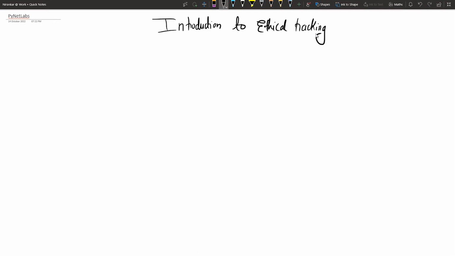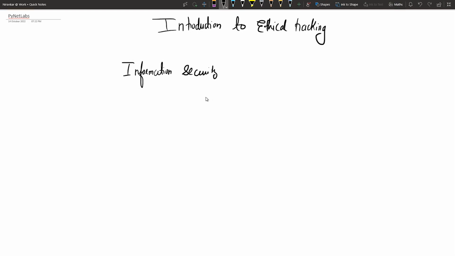Let's start with the concepts of ethical hacking and information security. Many of you are familiar with this first chapter, because these terms are always there in your day-to-day technical life.